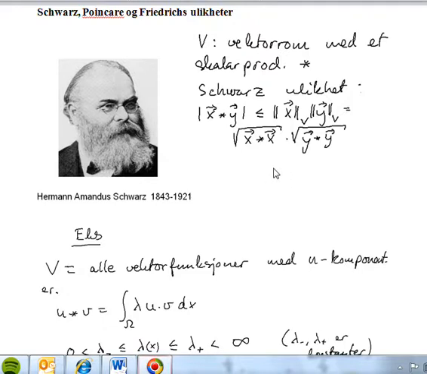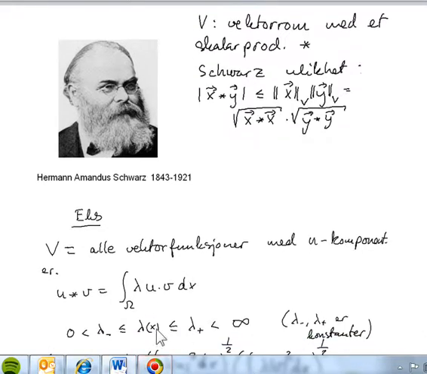Let us give an example of the use of such an inequality. If we let V, for example, be the vector space of all vector valued functions with n components, and we let omega as before be a subset of Rn, and we let lambda be a function which is strictly positive.